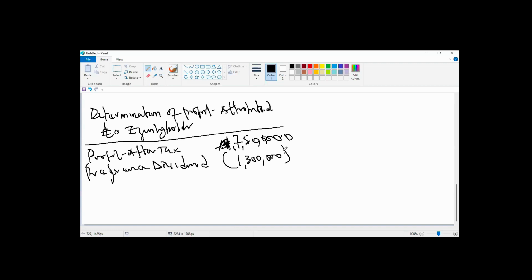It is the previous dividend. Each ordinary dividend has been removed, but we add it back. Okay. So what is the answer? 6.2.